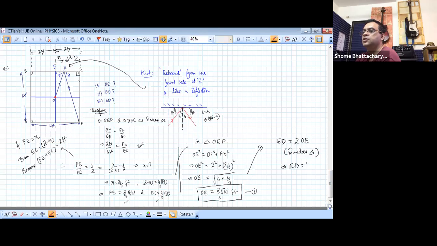So ED has to be 4 by 3 root 10. This is the second part of the question.